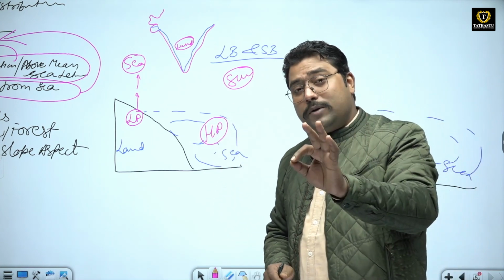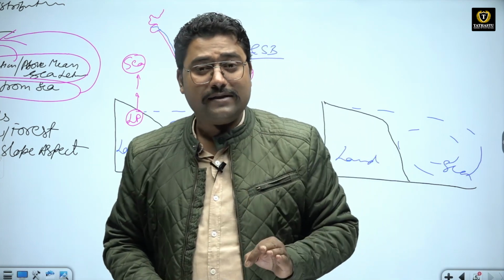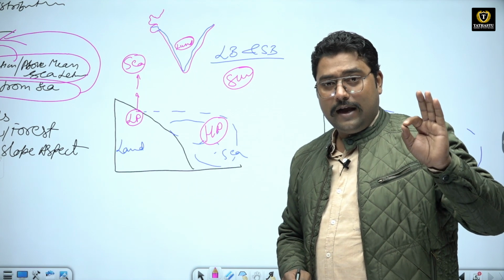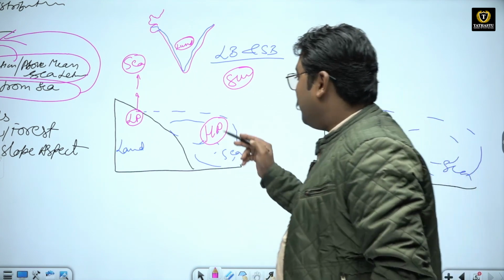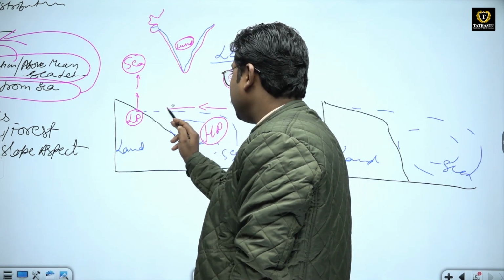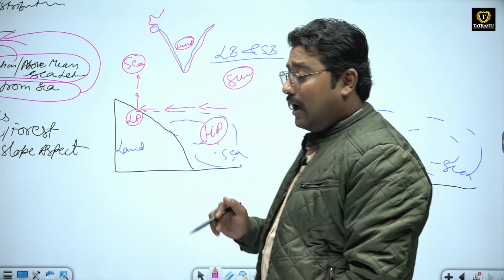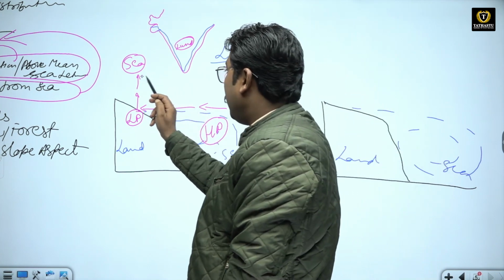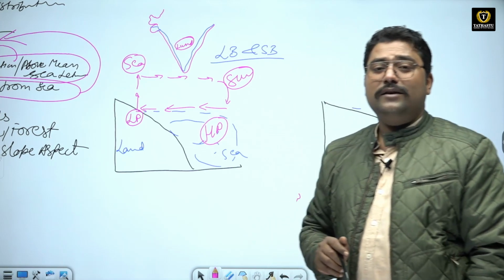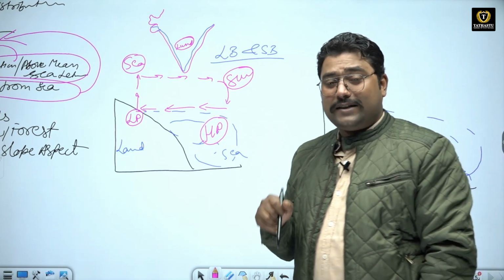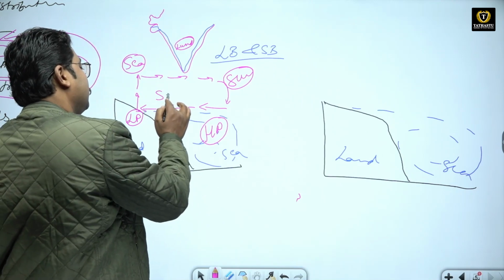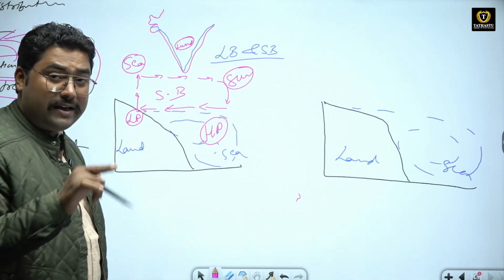And the most important thing about air is that it moves horizontally according to the pressure difference, from high pressure to low pressure. Now when the air moves this side, automatically it is going to create a convectional cell, and this convectional cell, as it is a breeze, is considered as sea breeze during daytime.